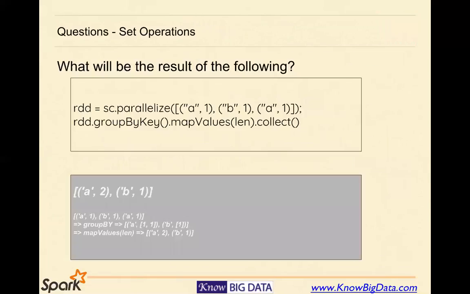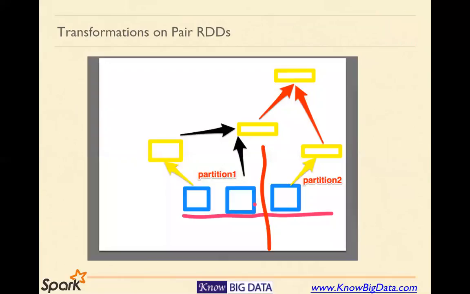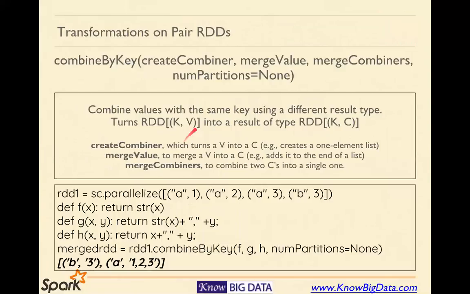All right. Now, remember the aggregate function? Sometimes there is a further more granular function called combine by key. Combine by key is again a very powerful function. So you define three functions: create combiner, merge value, merge combiner, and so on.